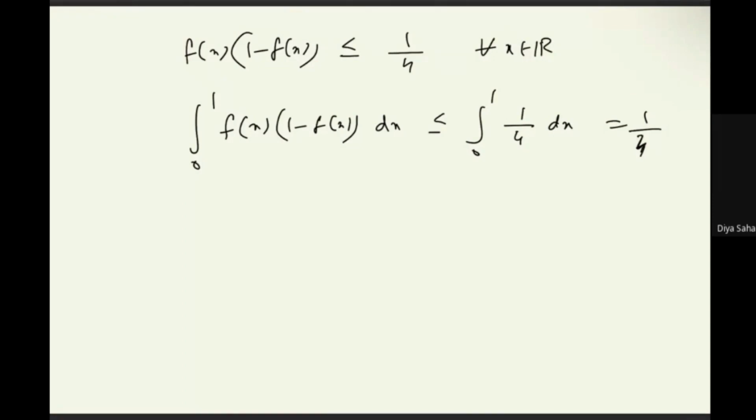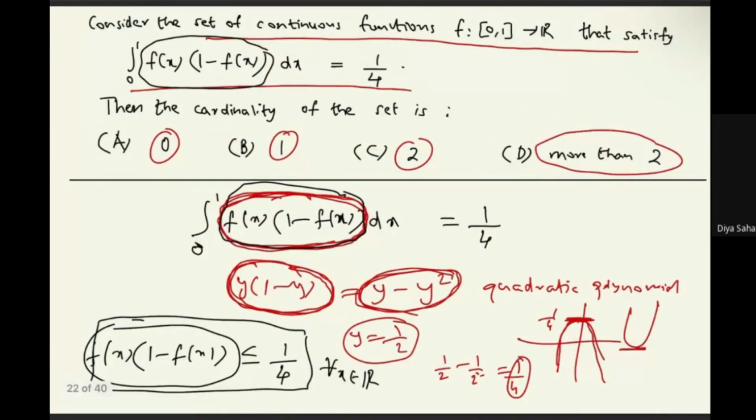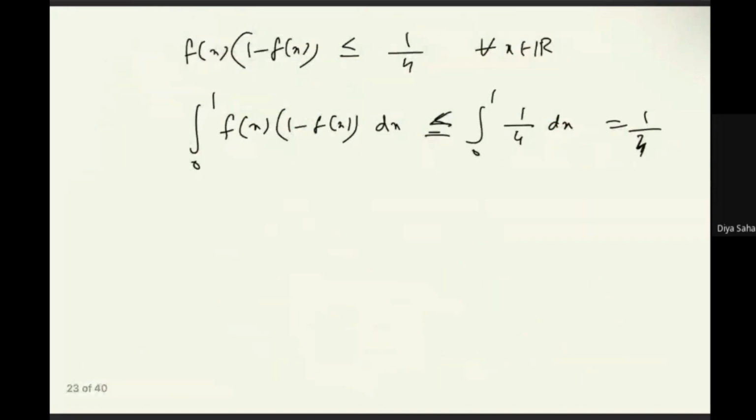So in general, this is less than 1 by 4. What is given is, we want to find the function which satisfies this integral equal to 1 by 4. I'm asking for what all functions this will be strictly equal to 1 by 4.